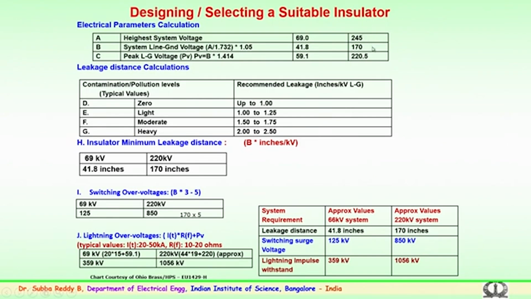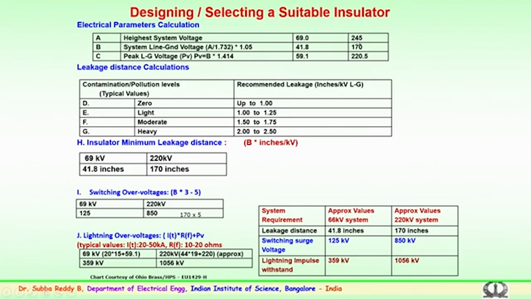For the 220 kilovolt transmission system, the normal operating voltage will be 186 and the maximum operating voltage, or the design of insulation, for a 220 kV will be done to 245 kV. So, this is what I have shown here.